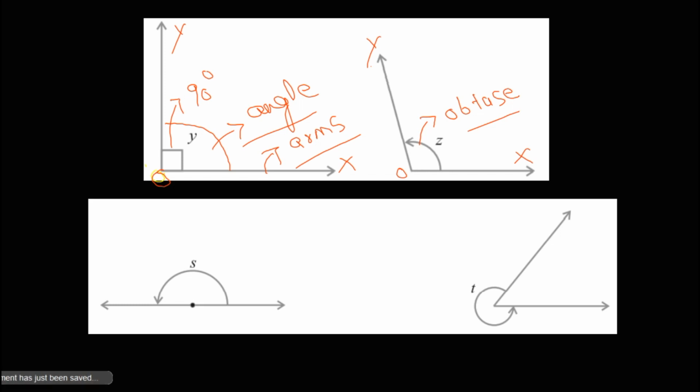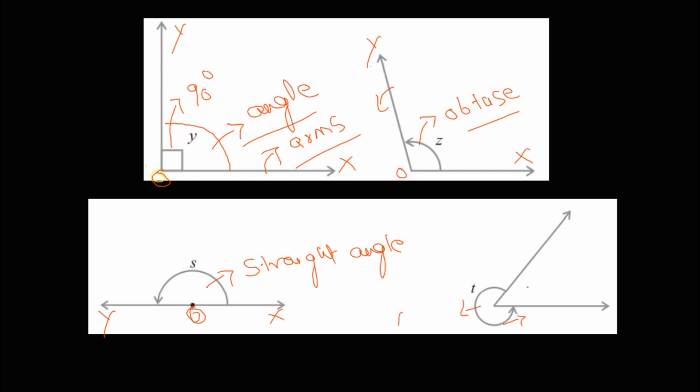When the ray is rotating anti-clockwise and finally reaches, when you rotate the arms, OX and OY become straight. So this angle is termed a straight angle, right? Similarly, when the arm is rotated in this way and finally reaches out to this, this will be a reflex angle. It is called a reflex angle.